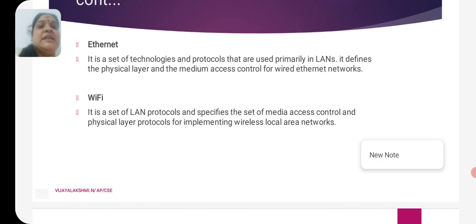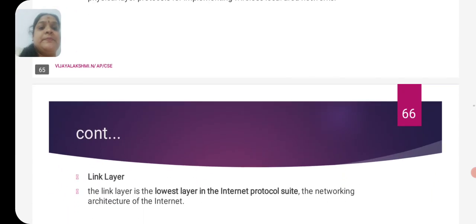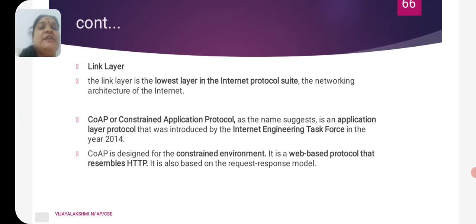And the next is Ethernet. For LAN we can use Ethernet, which defines the physical layer and the medium access control for wired Ethernet networks. And Wi-Fi we are using in our daily routine, which is for wireless local area networks. And the next is the link layer, which is the lowest layer in the internet protocol.